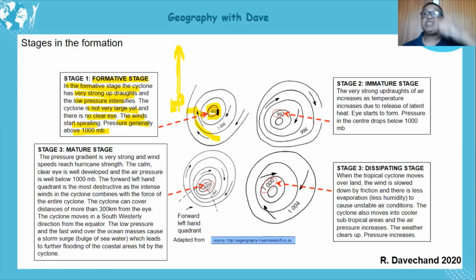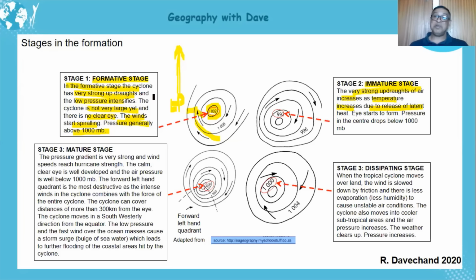The temperature here is above 26.5 degrees Celsius, and air starts to rise. As the air rises, it condenses and gives off this latent heat. Now what's happening to the temperature? It's getting higher and higher. And as the temperature gets higher, more air is rising. What's happening to the pressure down here? It's becoming lower and lower.